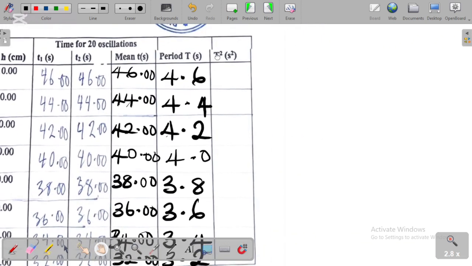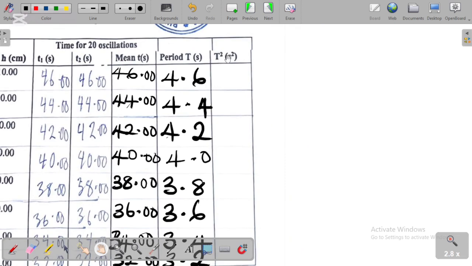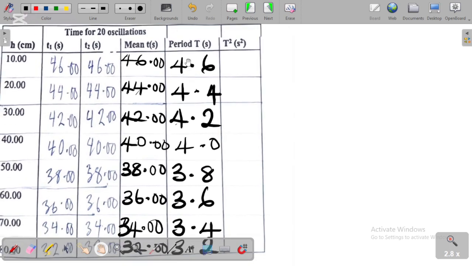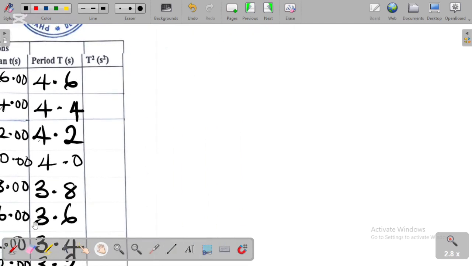Alright, our next task here is to get the value of t square. Period is t. So for you to get t square, just raise each of the numbers here to power 2. So 4.6 raised to power 2 would give you what? Let's say 4.6 raised to power 2.